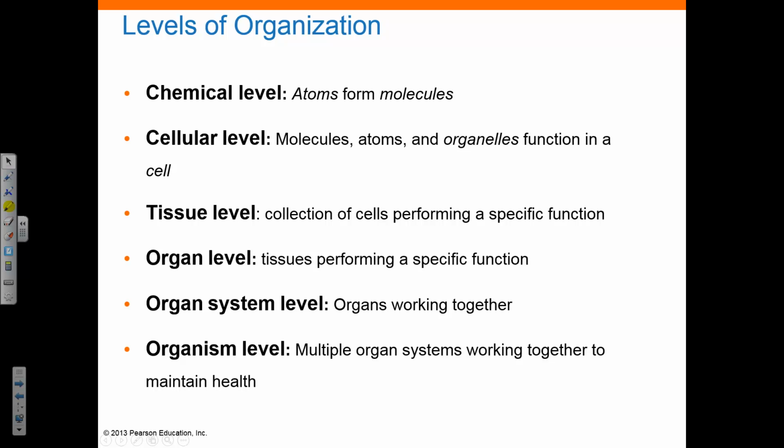At the tissue level, a collection of cells performing a specific function work together, and at the organ level, two or more different tissue types work together to perform a specific function. At the organ system level, different organs work together, and at the organism level, multiple organ systems work together to maintain the health of the organism.